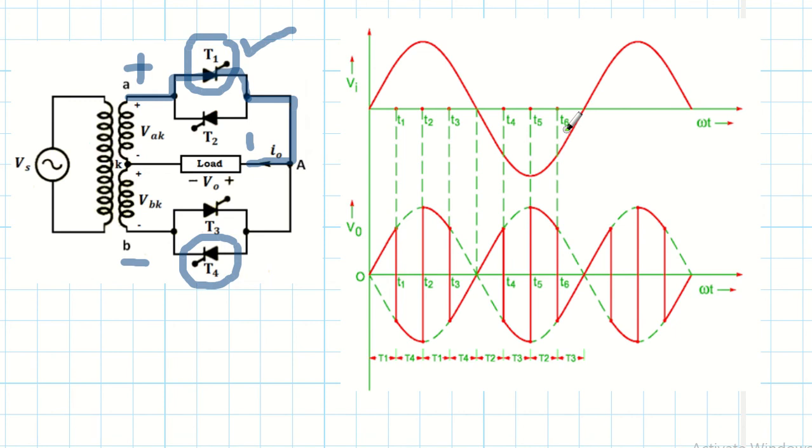During T1, I am turning on the thyristor T1, so during this conduction I will have this part of the waveform. Now at T1, by forced commutation, I am turning off this thyristor T1 and I am turning on this thyristor T4.